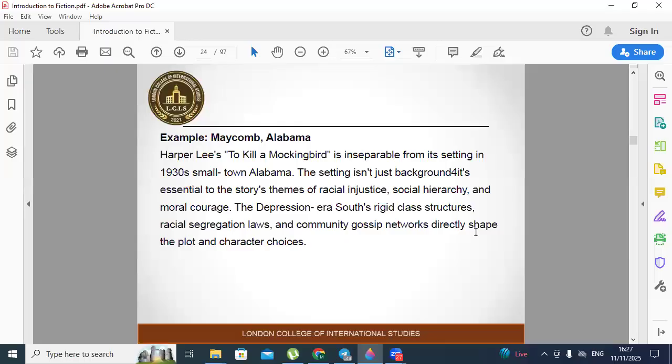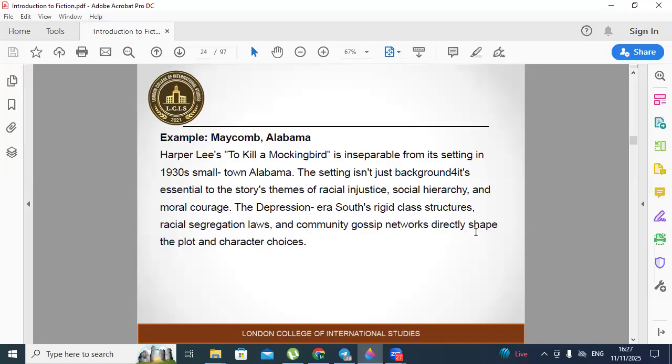In the Depression-era South, rigid class structures determine character relationships. Everyone knows their place in the social hierarchy: old family versus new money, whites versus blacks, respectable versus disreputable. These hierarchies are deeply enforced through custom and law.